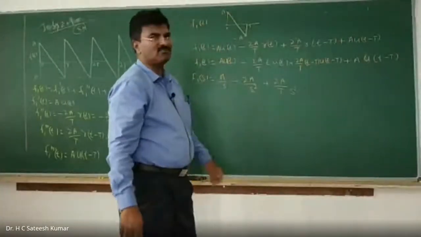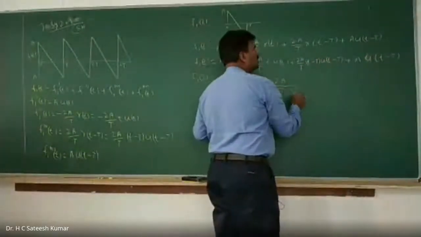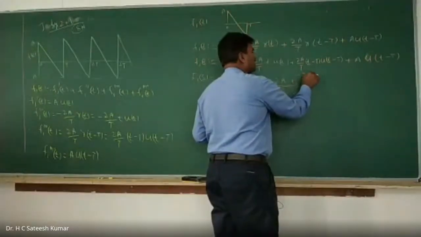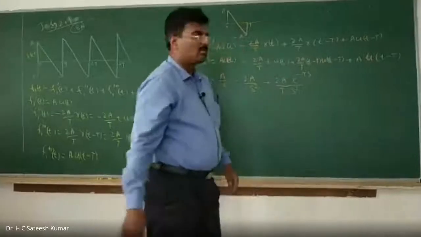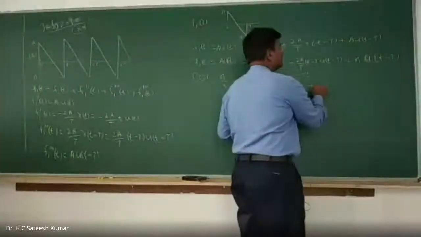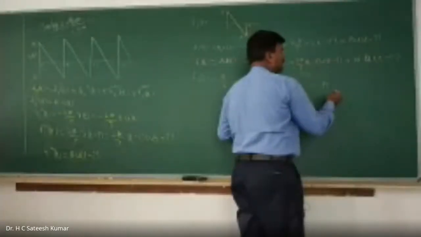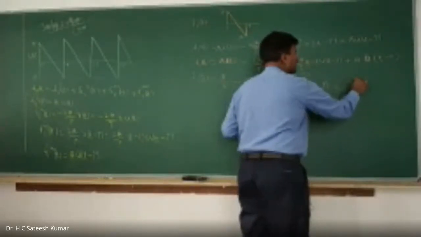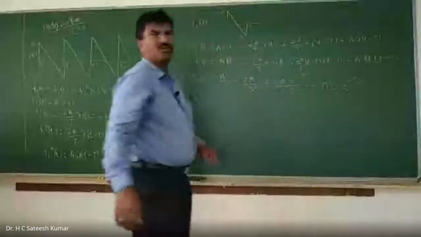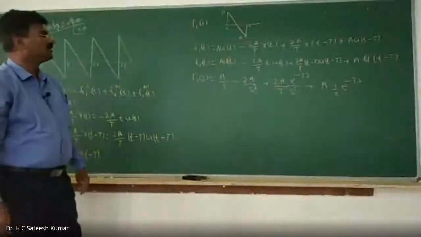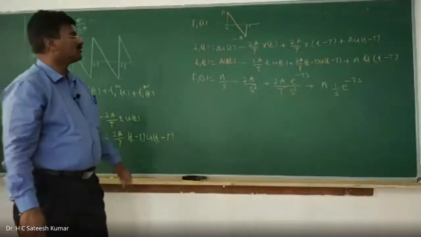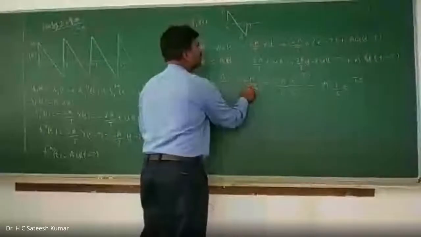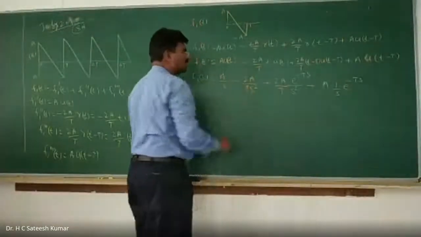But since it is shifted by T units, e to the power of minus Ts we should write. Plus a into 1 by s, u of t is nothing but 1 by s, into e to the power of minus Ts. This is your f1 of s. 2a by T, sorry, this is 2a by T.